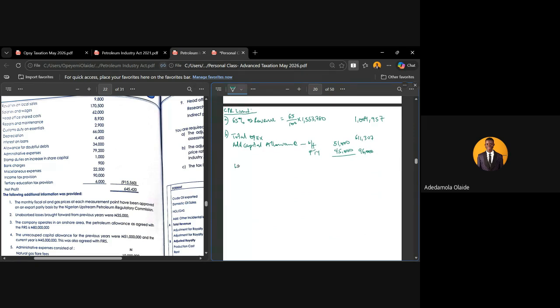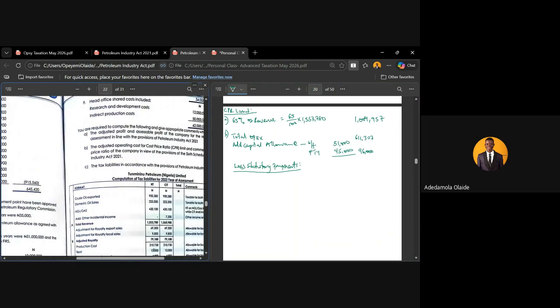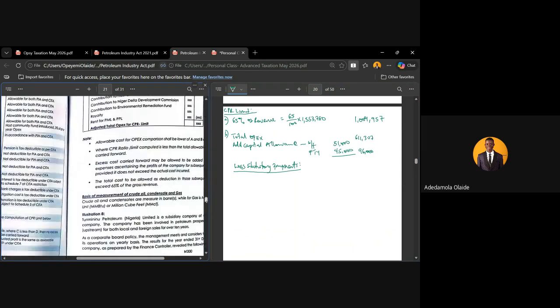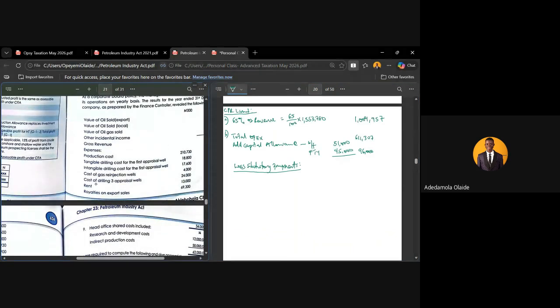Then less, let's call it statutory payments. We can take it from our SOPL so that it will be fast. We have rent, 13,000.